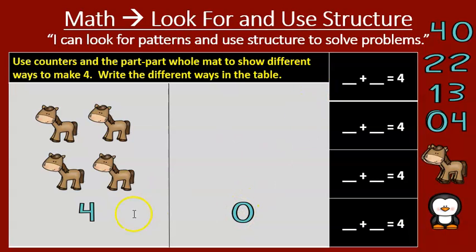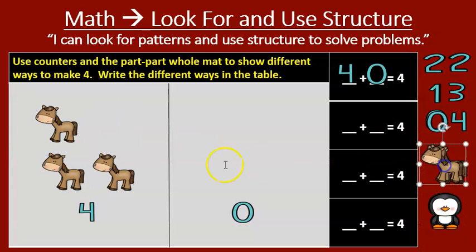All we do now is put in our numbers, okay? So now 4 is here, so I'm going to put 4 here. 0 is here, so I'm just going to put 0 in here, okay? Now, we have 4 plus 0 equals 4. That is correct, okay? Based on our pictures here.